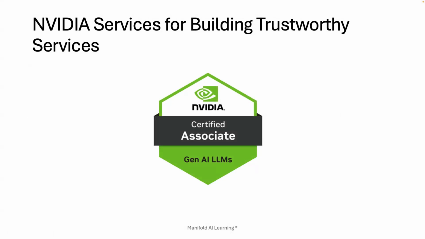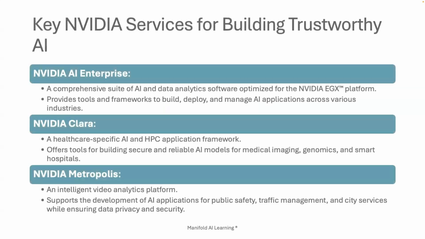The first category is general understanding of AI, machine learning systems, and large language models. The second category, which is an easy scoring category, is how NVIDIA services help us achieve such requirements. In this case, how NVIDIA services help in building trustworthy AI. So let's have a look at the key NVIDIA services for building trustworthy AI.